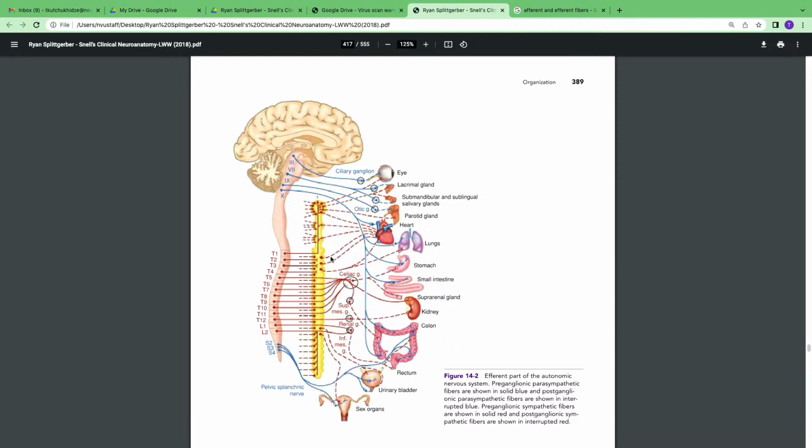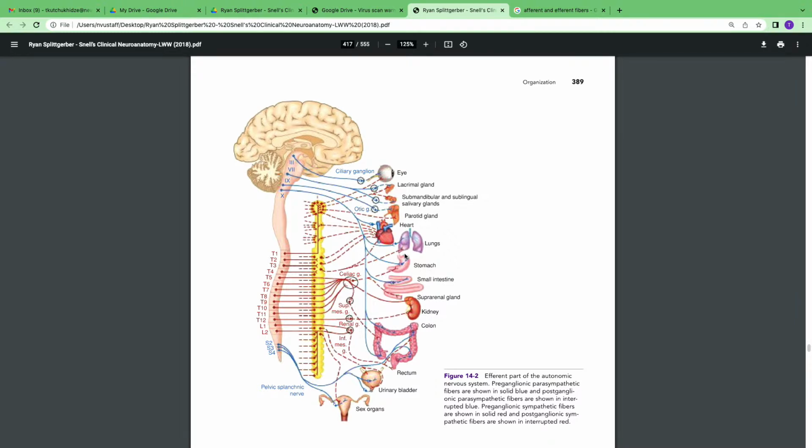The gap between neurons, where we have synapses, is bridged by one of the neurotransmitters, and it is called acetylcholine. And if you remember, acetylcholine is our excitatory neurotransmitter. And as you see here, they are transferring to the different organs, right?